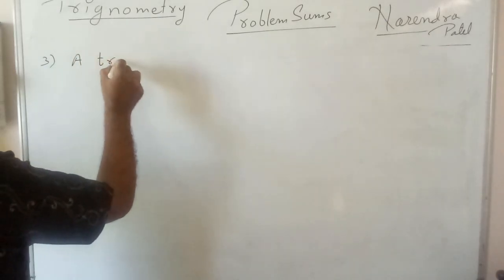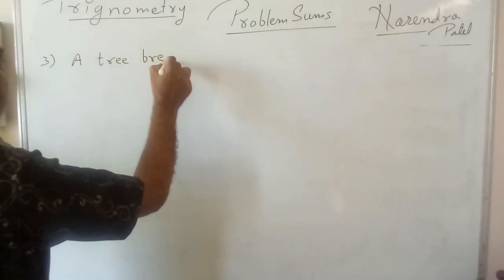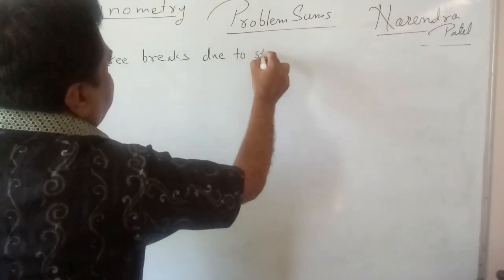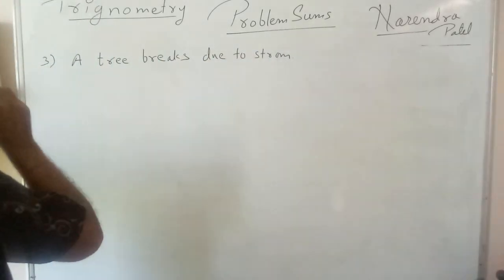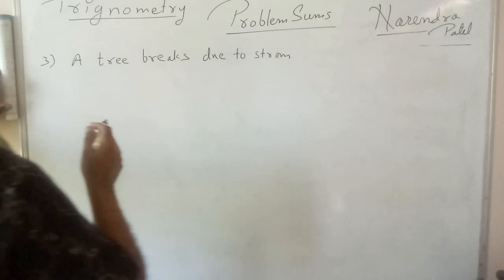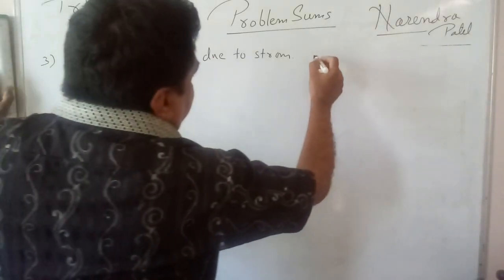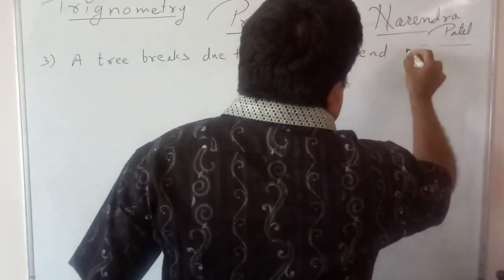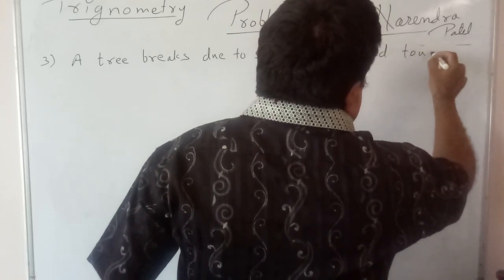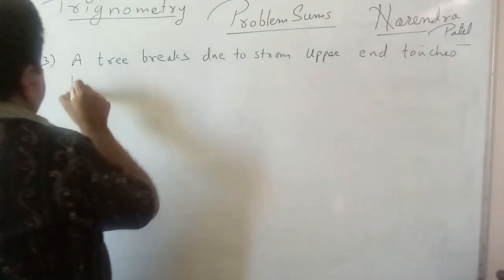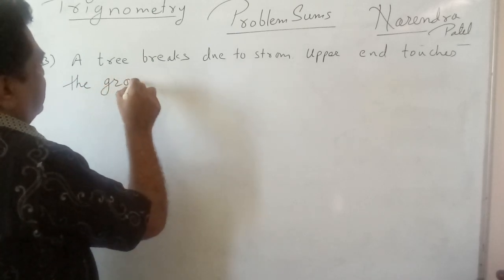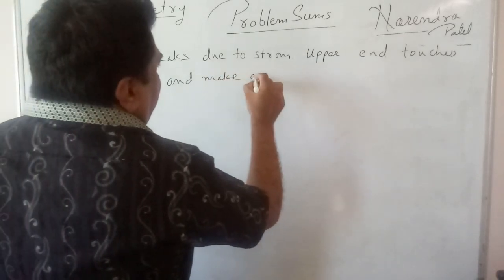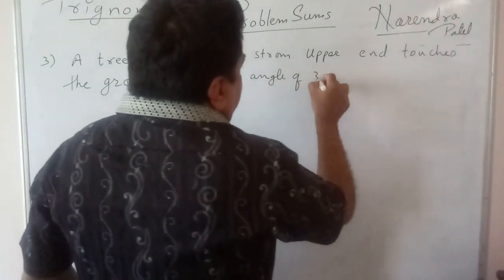A tree breaks due to the storm. The upper end touches the ground and makes an angle of 30 degrees.